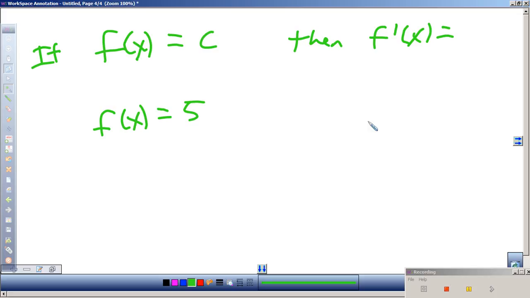What is the slope of a horizontal line? 0. So what it's saying is, if you have a constant, the derivative always equals 0. So the derivative of 5 is what? 0. Derivative of 8? Derivative of pi? 0. So anytime we have a constant, we always get 0 as the derivative.